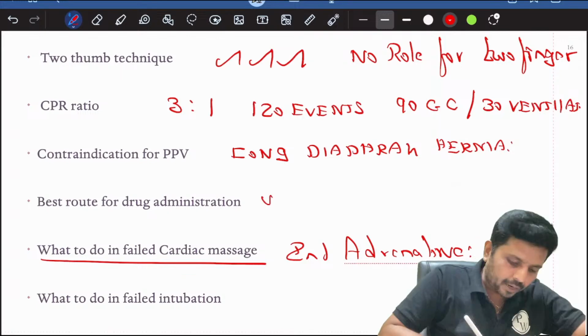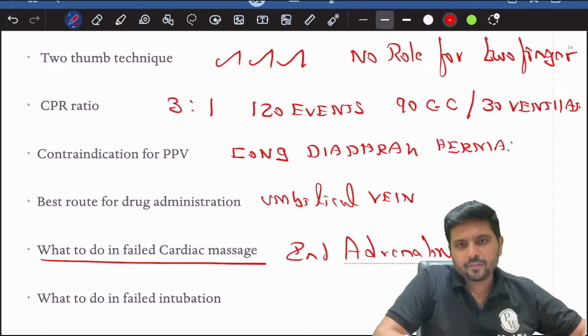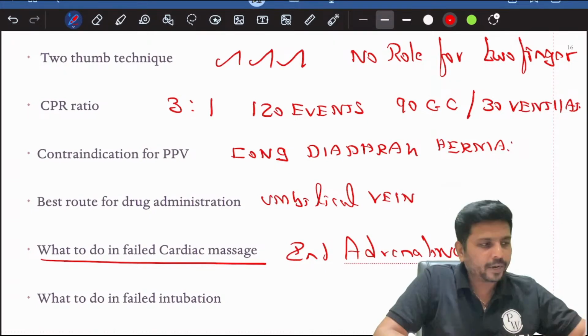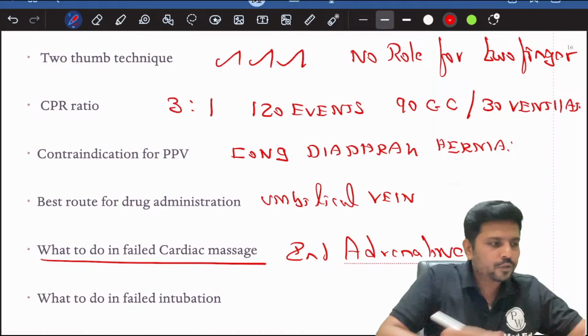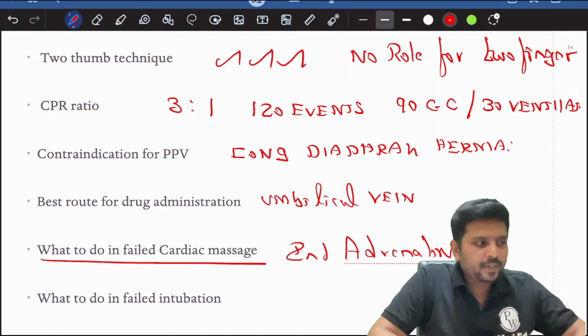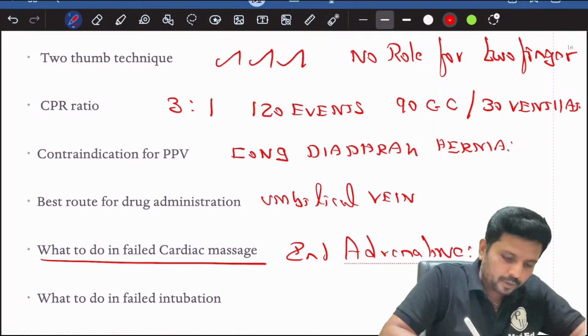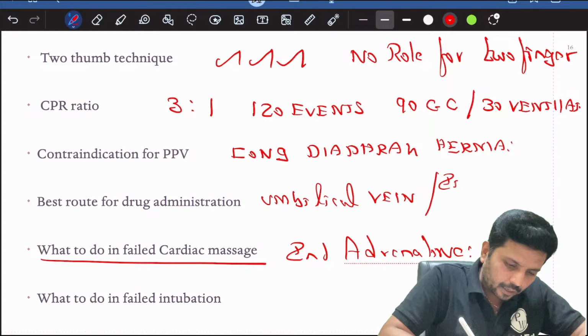The umbilical vein is the best route, and peripheral veins can also be used. But if that is not possible, then you can use the intraosseous route.